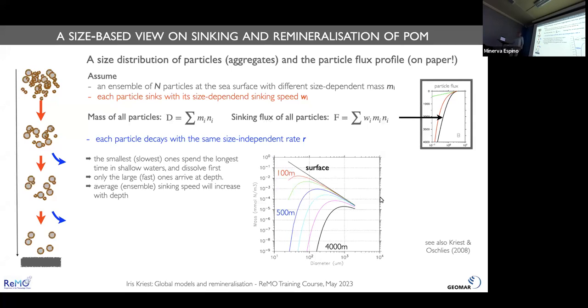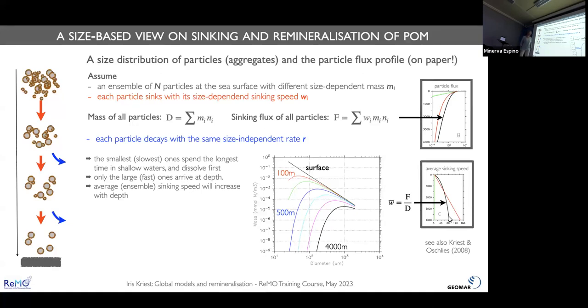So we start with a straight size distribution, pretty common, I think. And then we go downwards over these different lines. We see that it's only the large particles eventually that show up at 4,000 meters depth. And as I said, the resulting particle flux would be this. And if we calculate the average particle sinking speed here, the flux divided by the concentration, we end up with this black line here. So somehow vertically increasing.